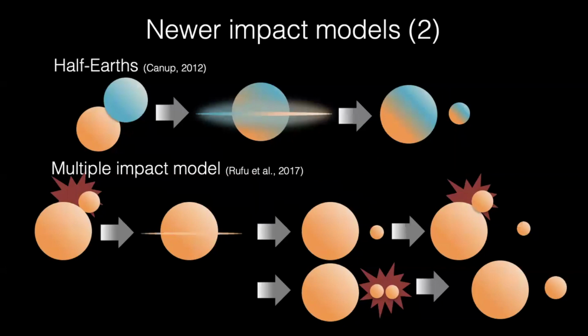A small impact hits the Earth and forms a small disk, and a moonlet accretes from the disk, and another small impact hits the Earth and forms another moonlet. These moonlets accrete into a single body. If the speed of the impact is high enough, it can strip off some mantle materials. Therefore, the Moon could have been made of the Earth's mantle materials, which can explain the isotopic similarities.